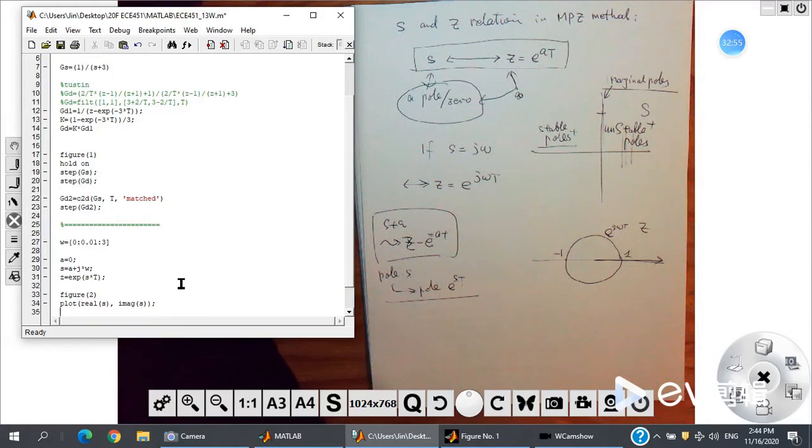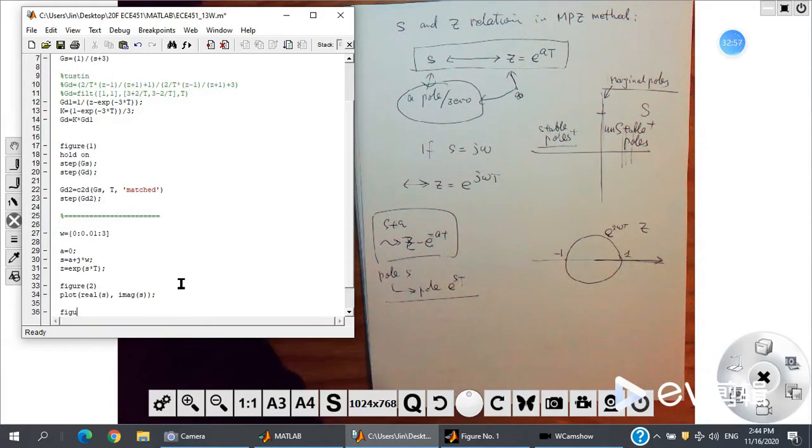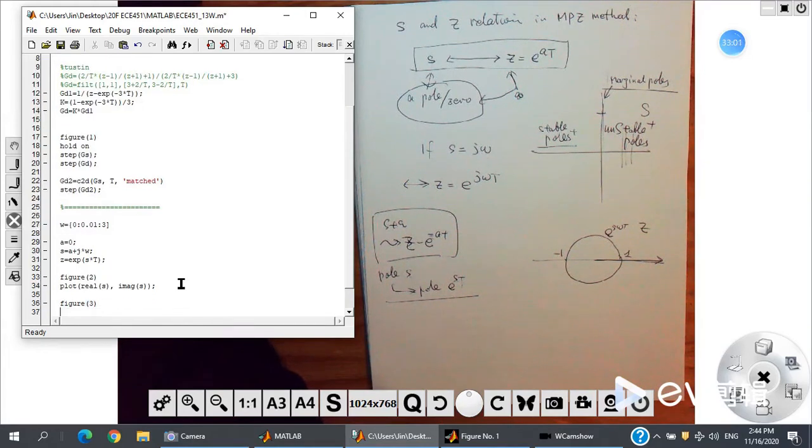Then figure 3, I plot Z, similarly the real part of Z and the imaginary part of Z.